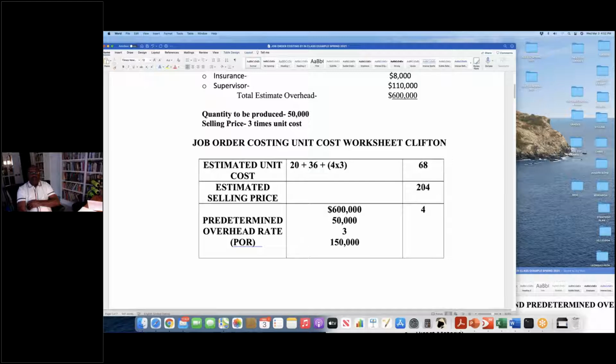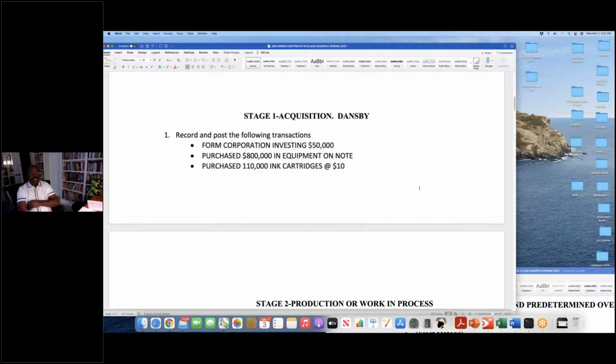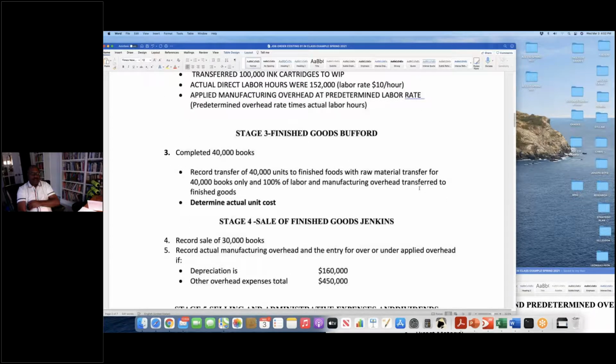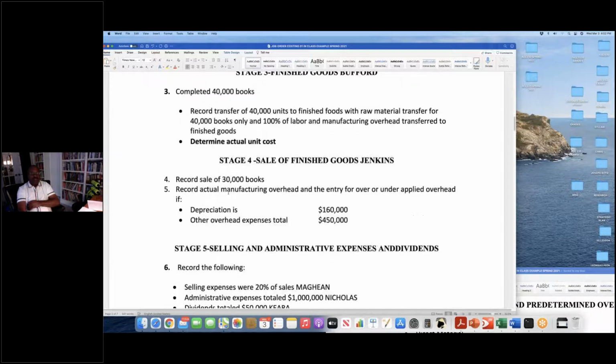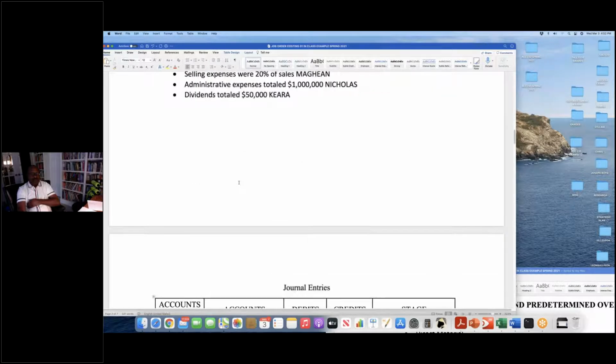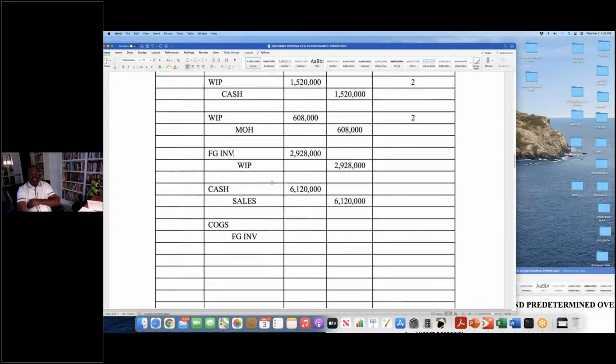Selling price is 204. And how many did we sell? 30,000. We multiply 30 times 204 and add 3 zeros. Does that get us to 6,120,000? Okay.